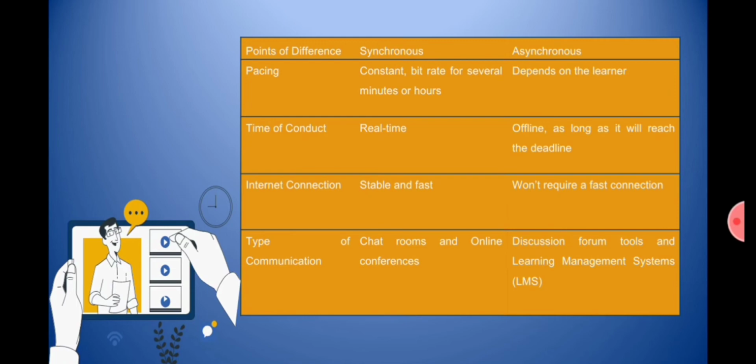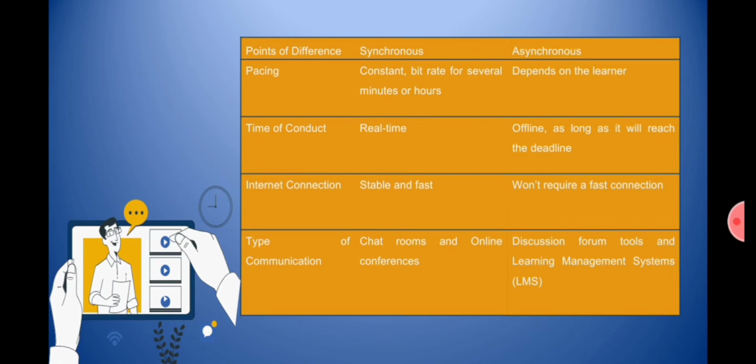In terms of internet connection, sa synchronous, dapat stable and fast. While sa asynchronous, won't require a fast connection. And then, in terms of types of communication, so sa synchronous, naa'y chat rooms and online conference.